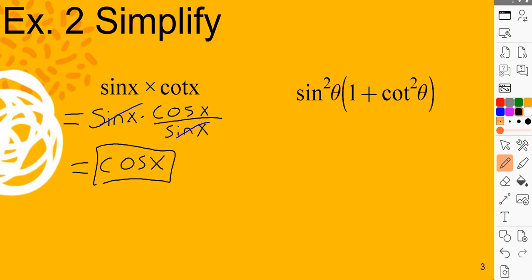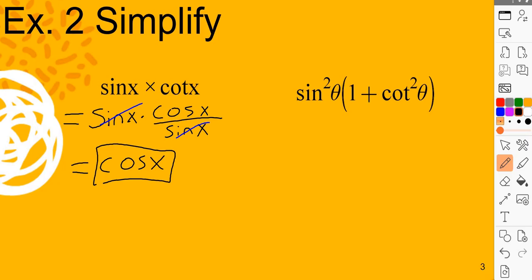Now, what do we notice about the next one? The sine and the cotangent are squared. They are. Now, which set of our identities has stuff that's being squared? Our Pythagorean identities have ones and have trig functions in them.